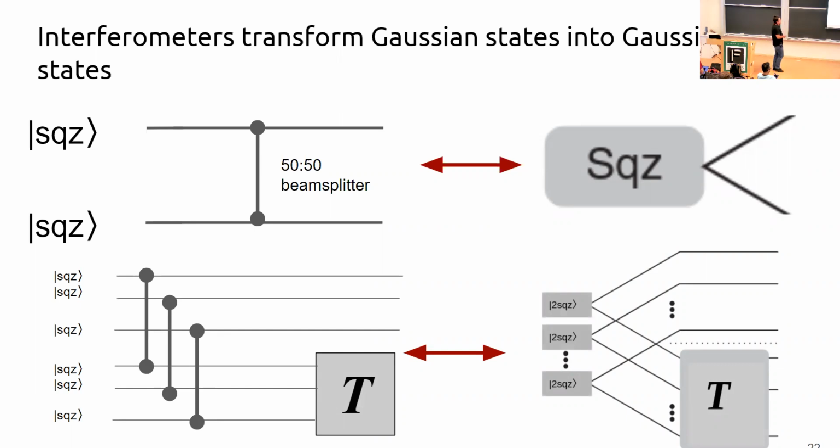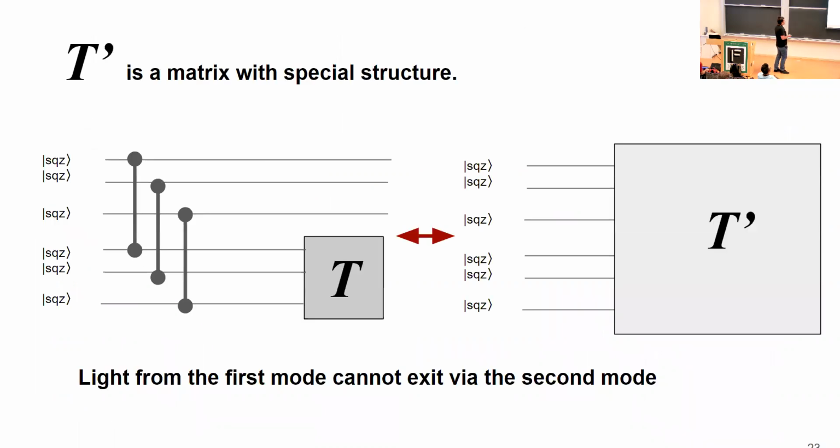But this is still problematic because the rates that you're going to get from here are still going to be very small. So you're still not going to be able to get as many photons as you would like to be able to claim quantum advantage. So the clever idea that was proposed by the people from Paderborn was to say, look, to some extent, you can understand all of these as being just one big interferometer with a special structure.